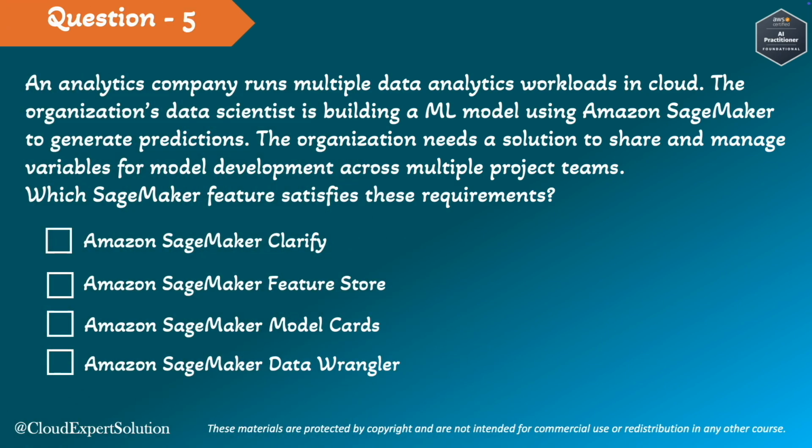Question number 5 is talking about an analytics company that runs multiple data analytics workloads in the cloud. The organization's data scientist is building a machine learning model using Amazon SageMaker to generate predictions. The organization needs a solution to share and manage variables for model development across multiple project teams. Which SageMaker feature satisfies this requirement? The options are Amazon SageMaker Clarify, Amazon SageMaker Feature Store, Amazon SageMaker Model Cards, Amazon SageMaker Data Wrangler.